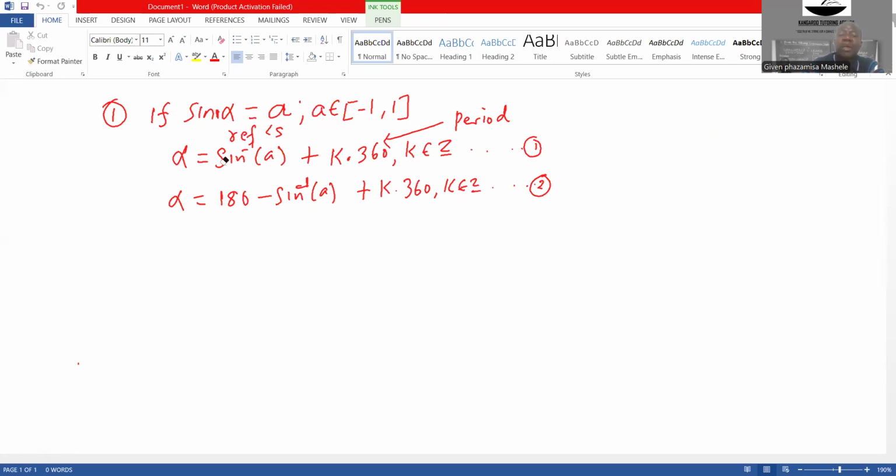And the question is, why are we actually using a period of 360? When we draw the graph for sine, it starts from 0 and has a shape like this.